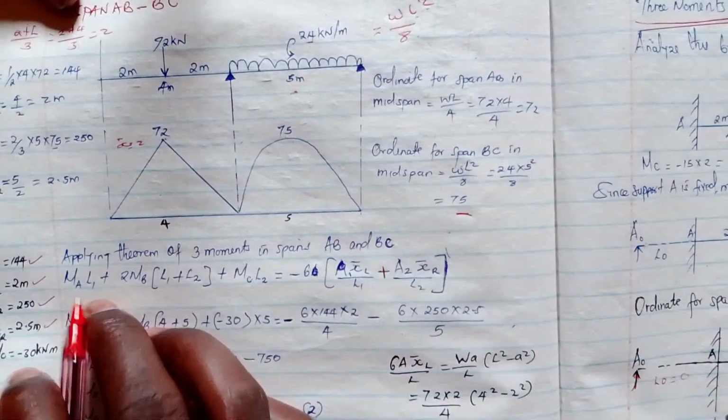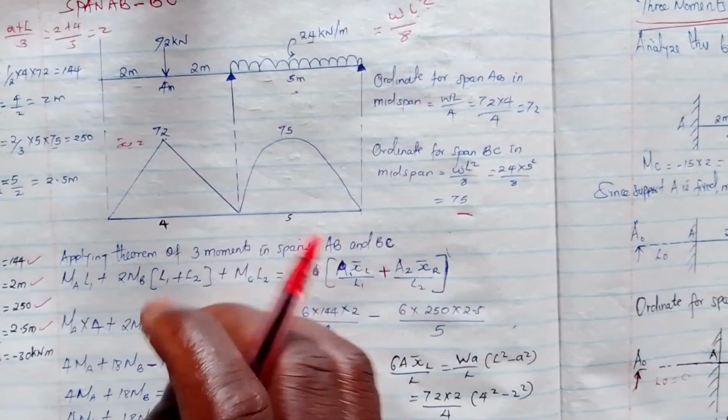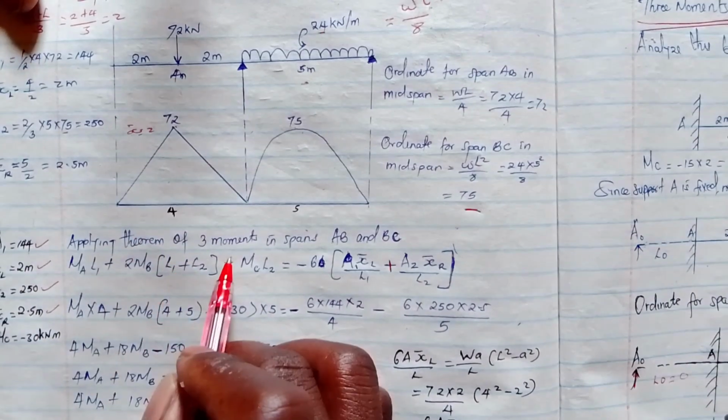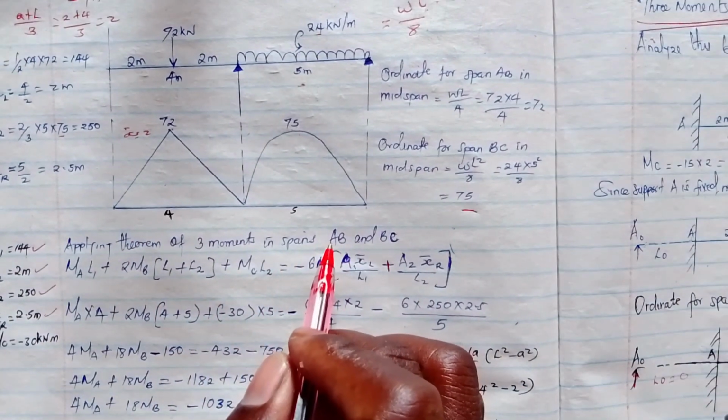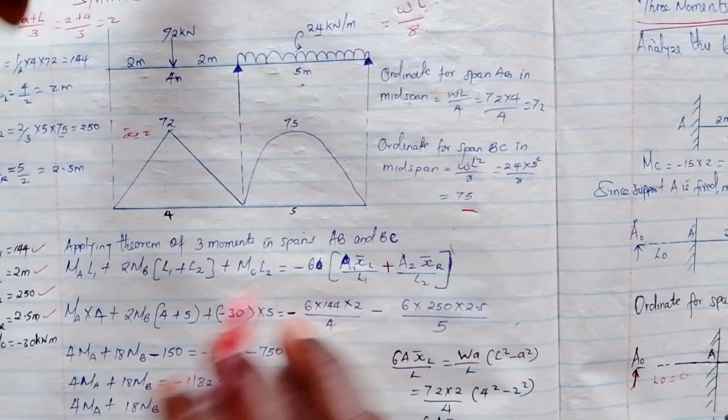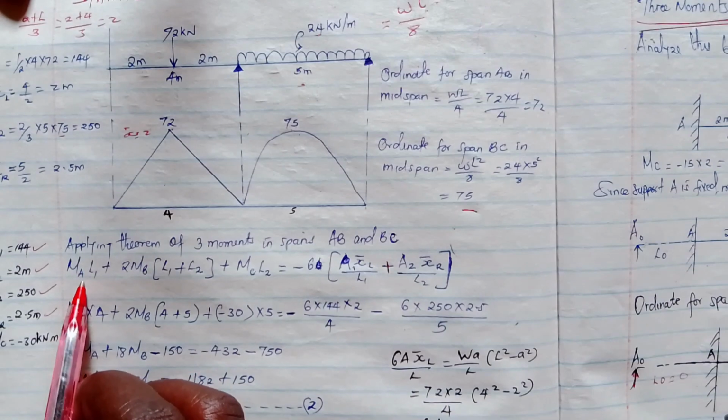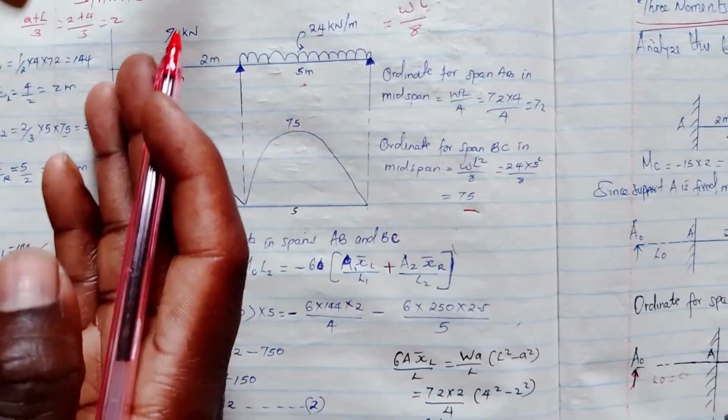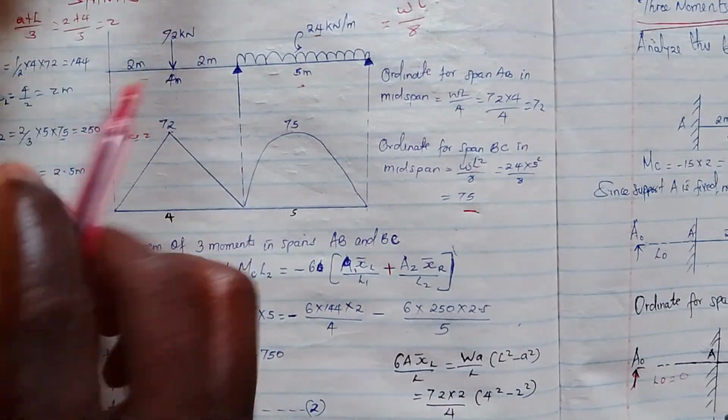Then after that we apply the theorem of the moment on span AB and BC. So we use the normal formula because we have not created the imaginary part.